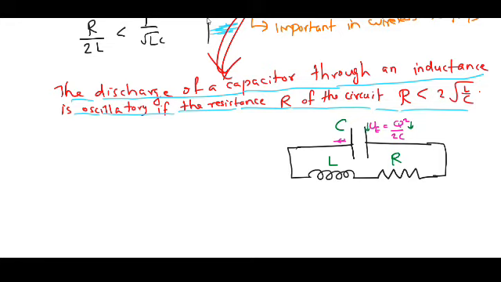As a result, the energy stored in the capacitor decreases, and when this charge starts to flow through the inductor, constituting a current flow I, then the energy lost by the capacitor can be stored in the inductor. The energy stored in the inductor is magnetic energy, equal to half L i square. If a current I starts to flow through the inductor, then the magnetic energy starts to increase. Whatever energy is lost by the capacitor will be stored in the inductor.